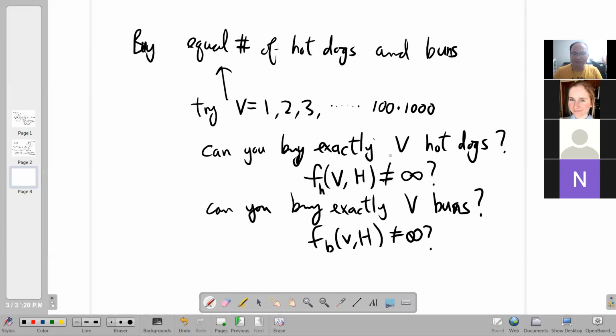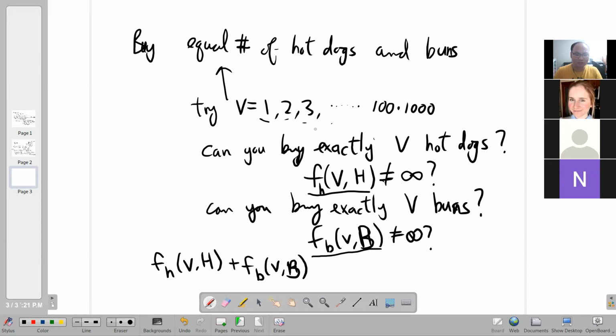Okay, if you can buy exactly V hot dogs and V buns, well then this value is going to give you the smallest number of packages you need. So you want to compute the number of packages you need to make an equal number of hot dogs and buns, no, not H, sorry, it's capital B, would be exactly this. But you don't know whether it's better to try to make 1, 2, 3 hot dogs and so on.